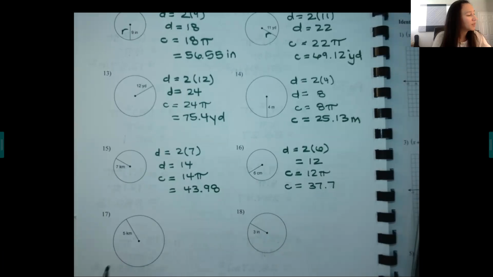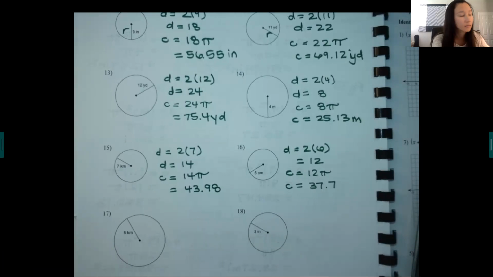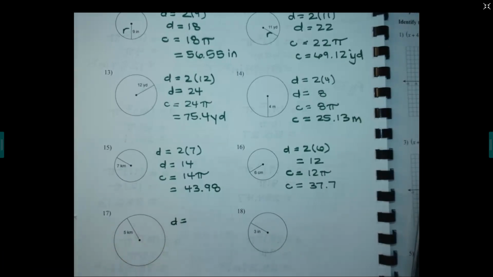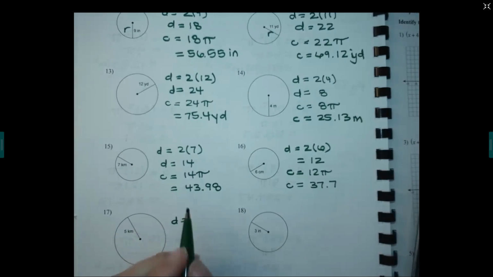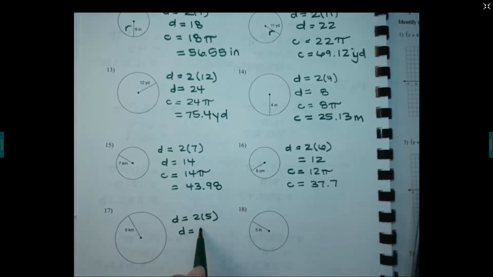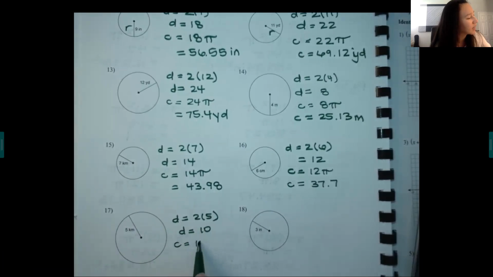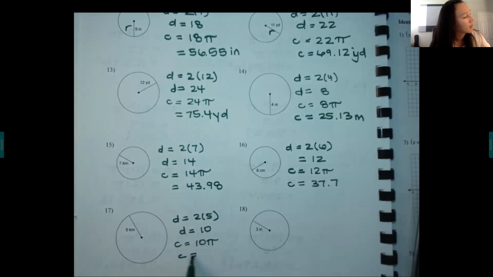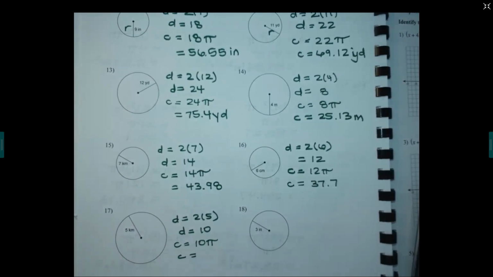And then Jade, number 17. I got D equals 2 times 5. And then D equals, wait, is it D or C? No. Or I got 10. Okay, 10 pi. Oh, okay. And then I got 31.42.